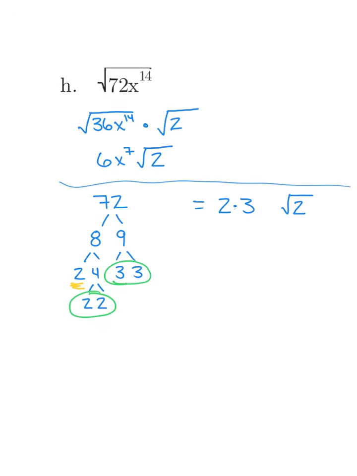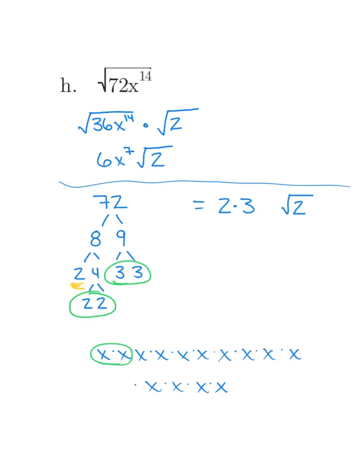We can also do this with x to the 14th. X to the 14th, this is going to be 14 x's multiplied together. All right, if we pair them up, let's see what we get.